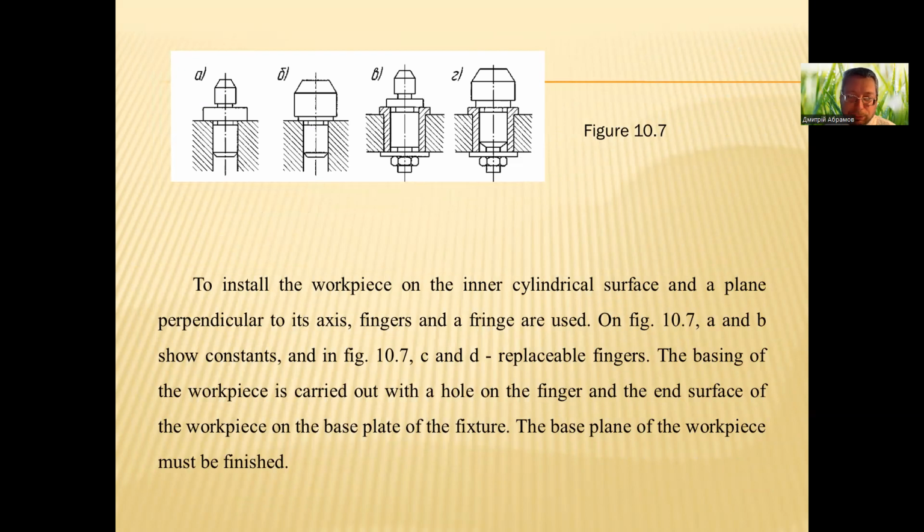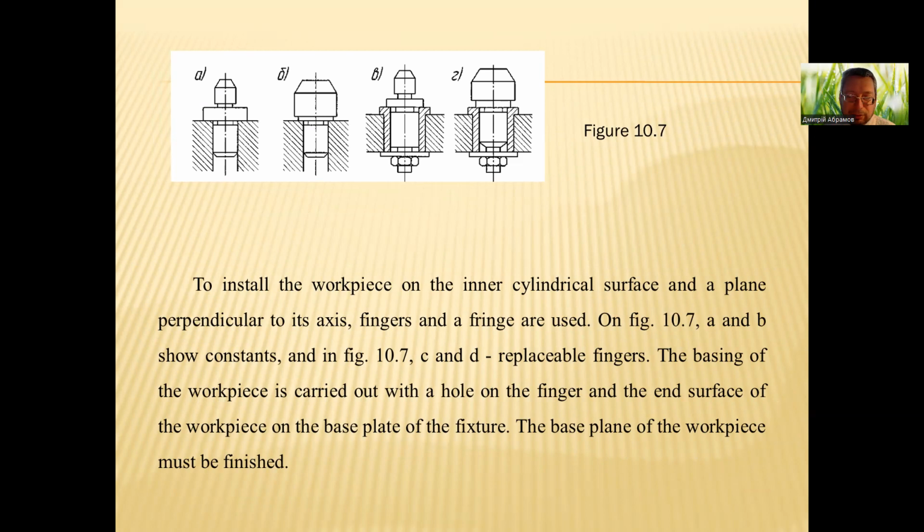To install the workpiece on the inner cylindrical surface and a plane perpendicular to its axis, fingers and a fixture are used. In figure 10.7, A and B show constant fingers, and in figure 10.7, C and D, replaceable fingers.